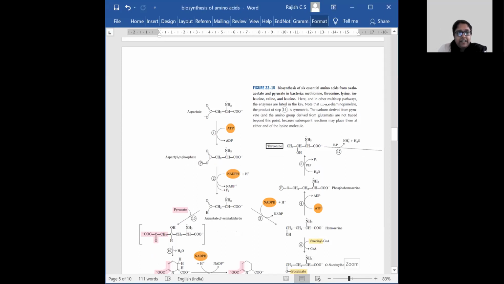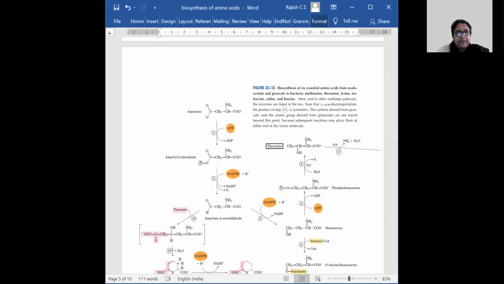Now aspartate will be phosphorylated by aspartokinase, and this aspartokinase will use one ATP and convert it to ADP and this phosphate. So it's an energy intensive process. And this phosphate will be attached over here. So it is an aspartyl beta phosphate that will be formed.